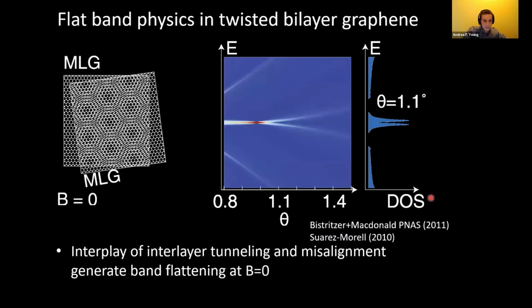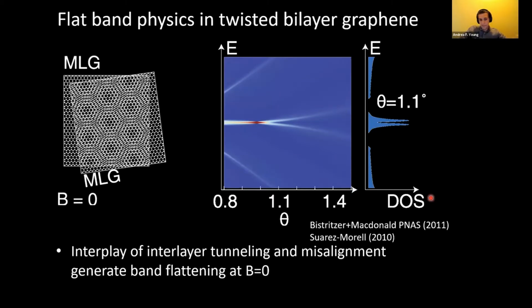So for the first quarter of my talk, let me talk a little bit about flat band physics and twisted bilayer graphene. The basic thing that we're trying to do is increase the density of states. Right? If you increase the density of states, you can meet the Stoner criterion. You can see some ferromagnetic polarization.